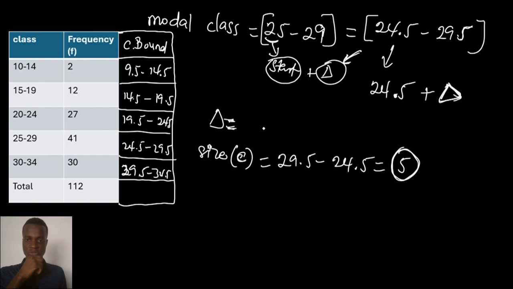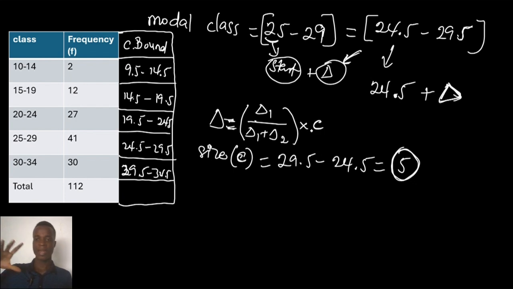So that's when this thing comes in: change 1 over change 1 plus change 2. This is a proportion component that will multiply our class size. So we have our class size and we are using this particular line to fetch a proportion of the class size and add to our starting value.